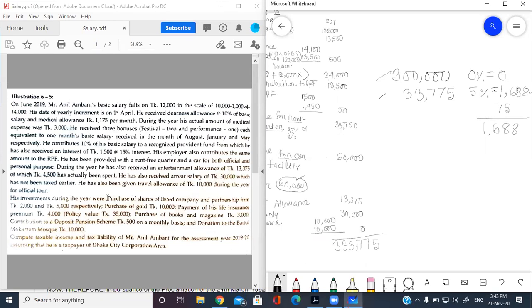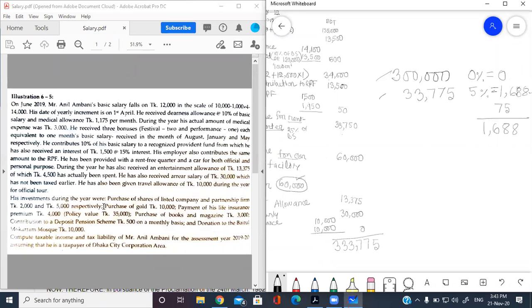First of all, purchase of shares of listed company and partnership firm, Taka 2000 and Taka 5000 respectively. So I have this kind of similar case. I have subscription to listed company share. I also have subscription to a partnership.